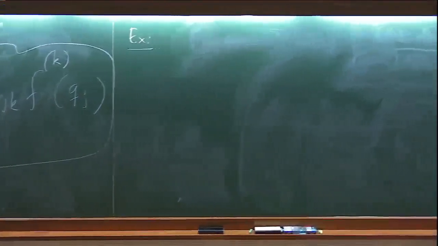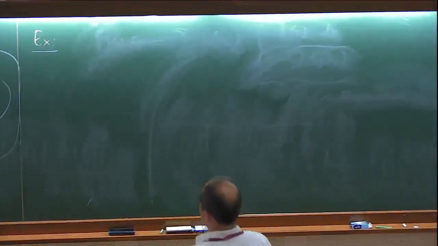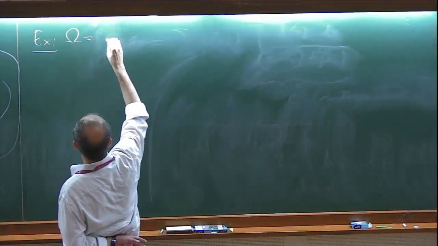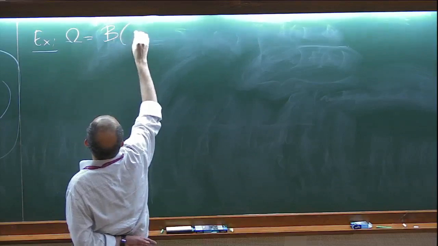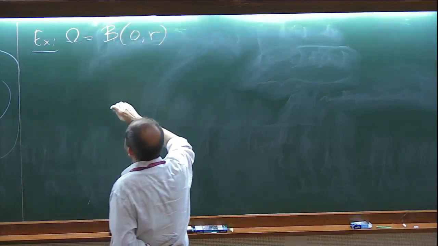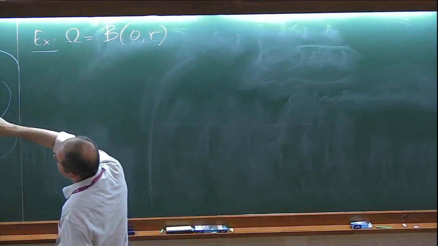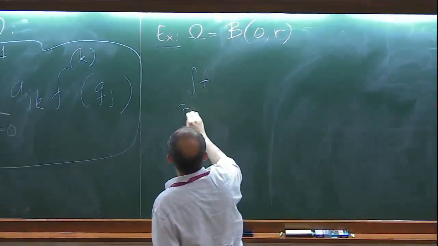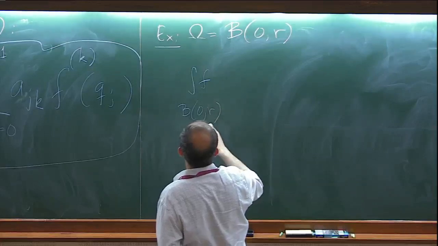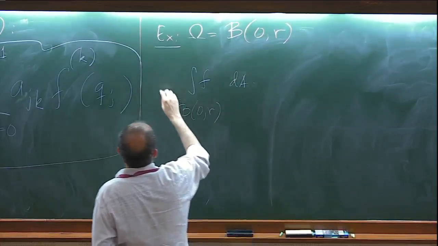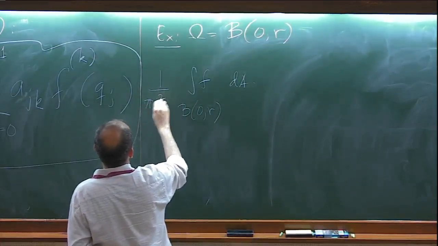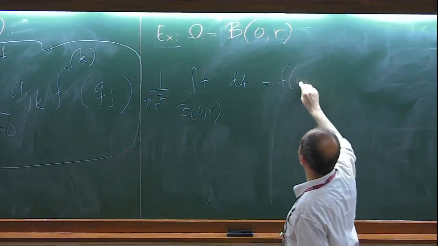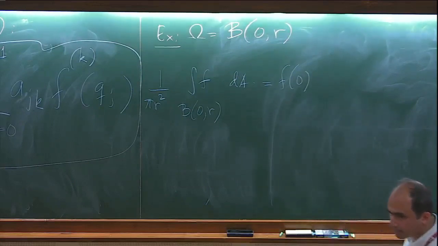By the Cauchy integral formula, if I take omega to be the disk of radius r, and if I look at an integrable holomorphic function, then the integral of f on B(0, r) dA, normalized by the area of the disk, which is pi r squared, gives me the value at the center, which is f of 0.